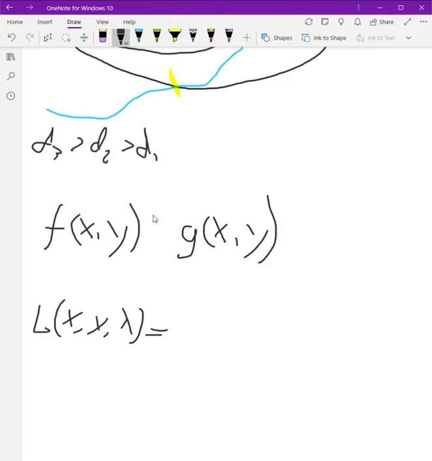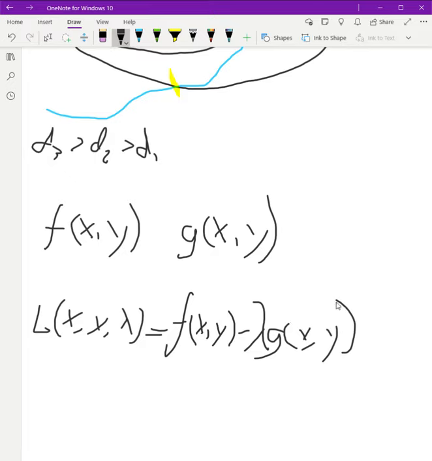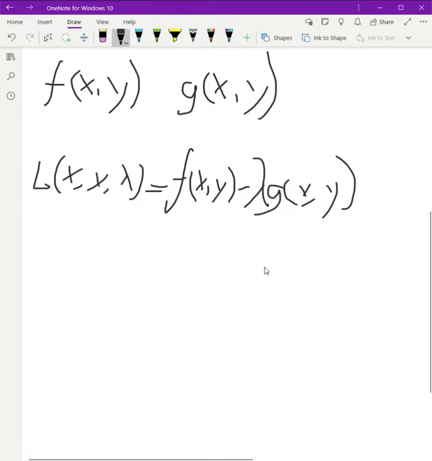And that is defined as the function f at x and y minus some multiplier lambda times g of x and y.